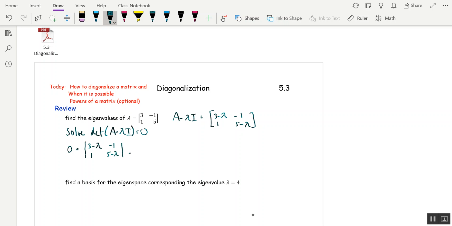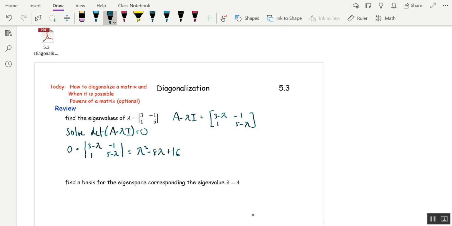All right, I'm just going to do this in my head, multiply 3 minus lambda times 5 minus lambda, and that'll give us lambda squared. The middle term will be minus 8 lambda. The last term will be 15, but then I need to subtract a negative 1, so that gives me plus 16.